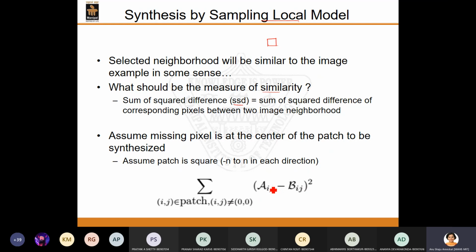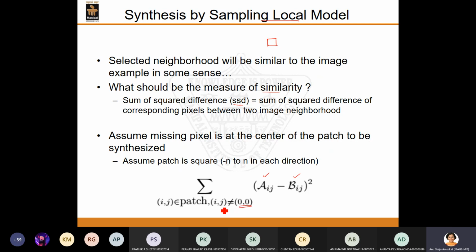So here we take the sum of the square of the difference. Here Aij and Bij are the pixel values, where A can be represented as the new patch, and B is all possible patches within the image. The difference is taken, the square of the difference is taken, and it is summed over all values of i and j except for ij equal to 0 0, if we consider 0 0 to be the location of the new pixel which has to be generated.